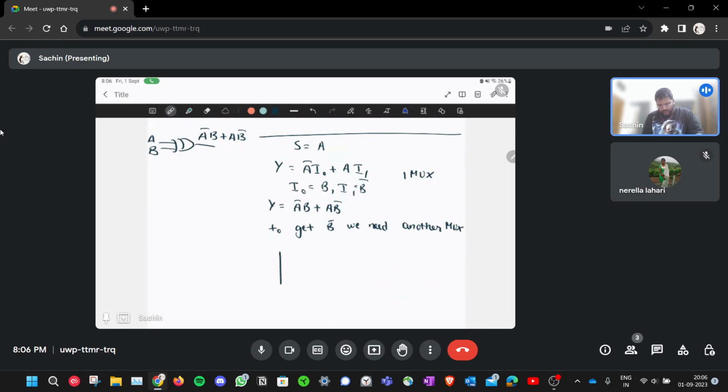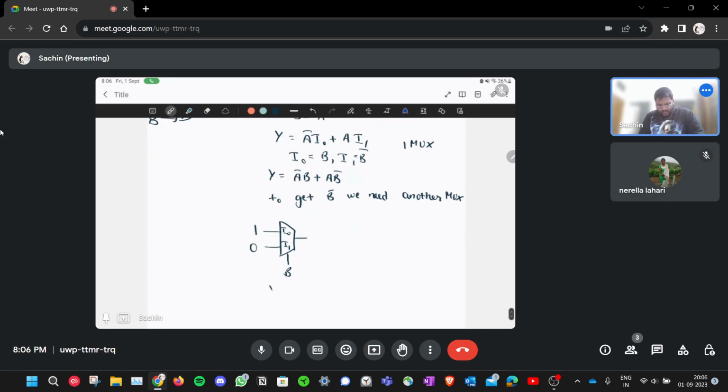So how would you do it? You could simply give B as your control input, and if B is 0, you want to get 1, so you can give I0 as 1. If B is 1, you want your output to be 0, so you can give I1 to be 0. So now you will get Y is B bar times 1 plus B times 0, which is nothing but B bar.